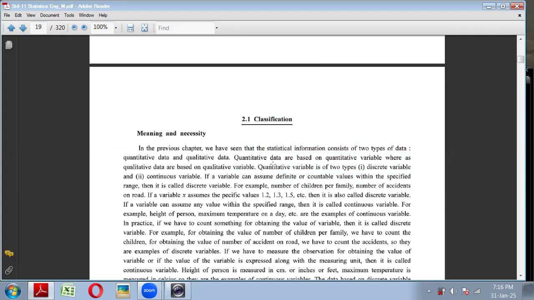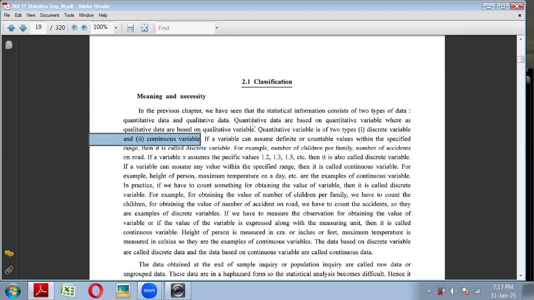Quantitative variable: basically there are two kinds, discrete variable and continuous variable. Variable basically means the data which we collect. They are called variables because they change; they have different values. Now, what is a discrete variable?